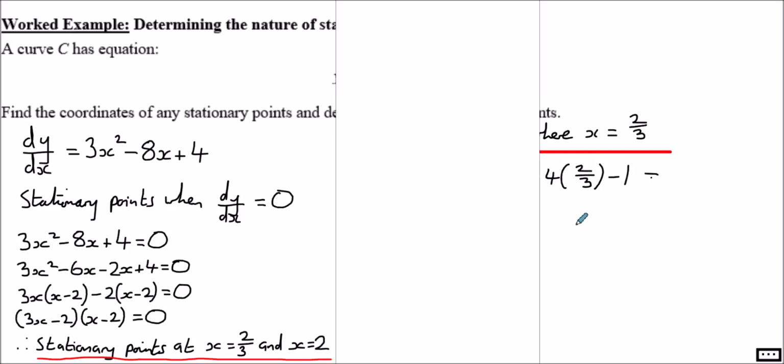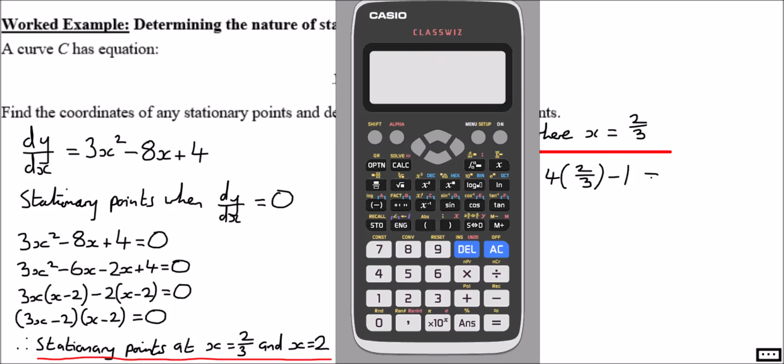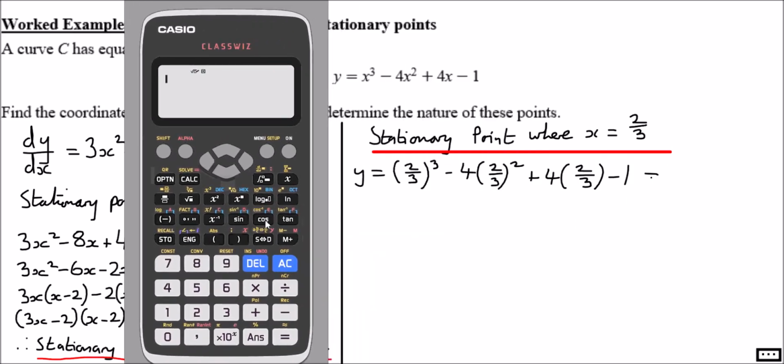So if we use our trusted calculators to do this for us, we have 2 over 3 to the power 3, minus 4 lots of 2/3 squared, plus 4 lots of 2/3, minus 1. And we get 5 over 27.